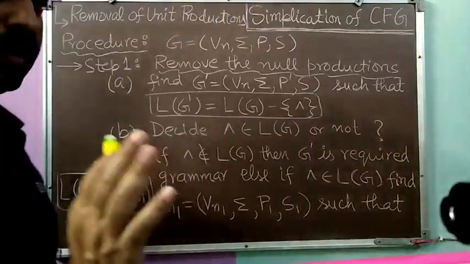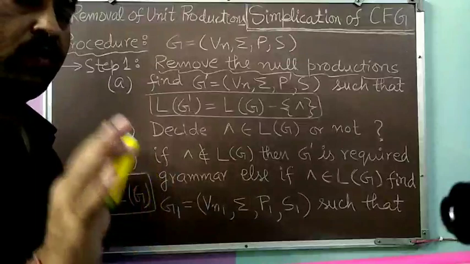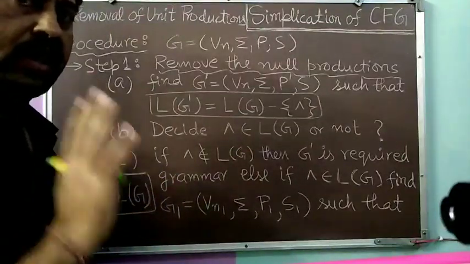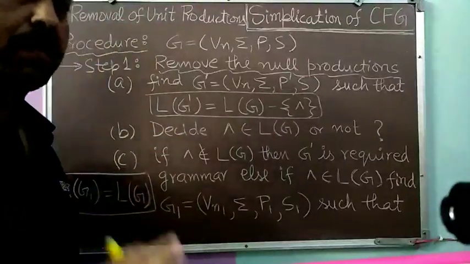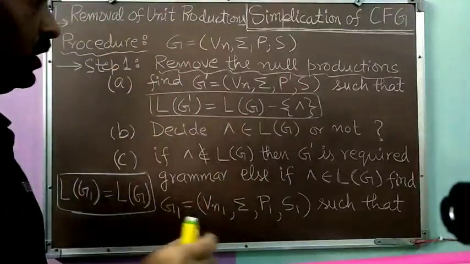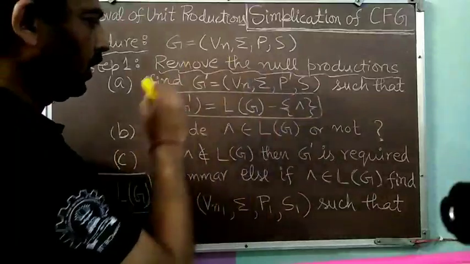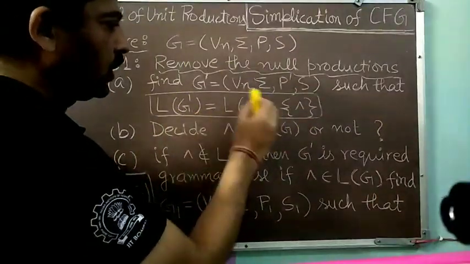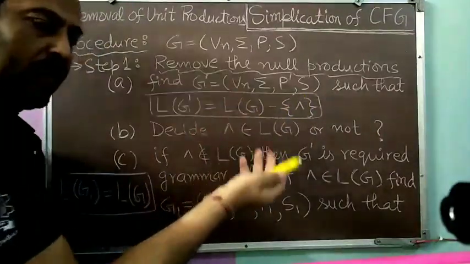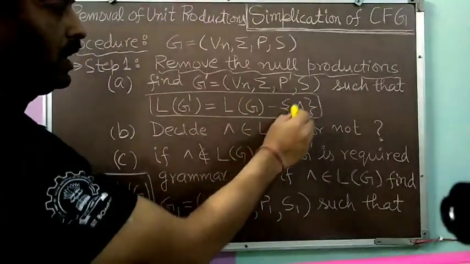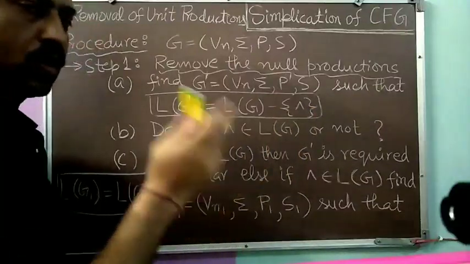So simply we first check: if null productions are not present, we will directly go to step 2. If null productions are present, then we will look at whether L of G dash, which we have found in the first step, that is L of G minus null, is the final grammar or not. And this we decide by deciding whether null belongs to L of G or not.